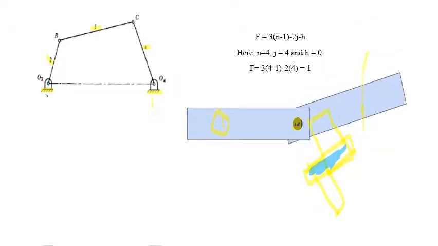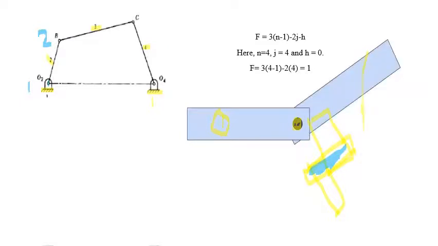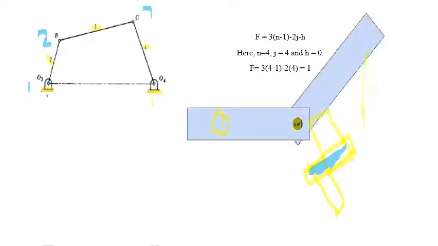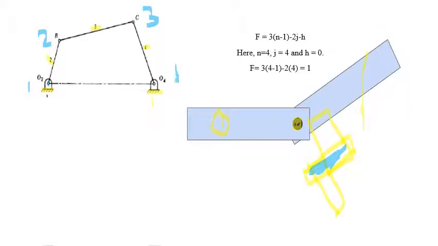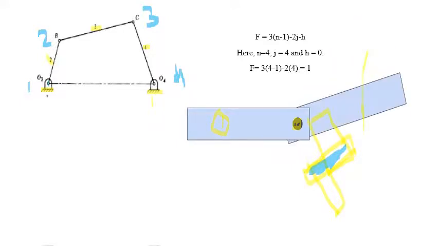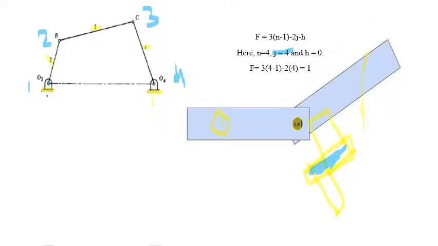So this is the first lower pair, 2 and 3 the second pair, 3 and 4 the third pair, and 4 and 1 the fourth pair. Therefore J is equal to 4, the number of lower pairs. A higher pair is one having point contact or line contact.